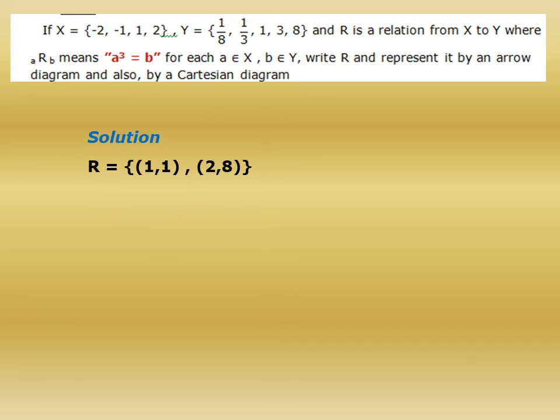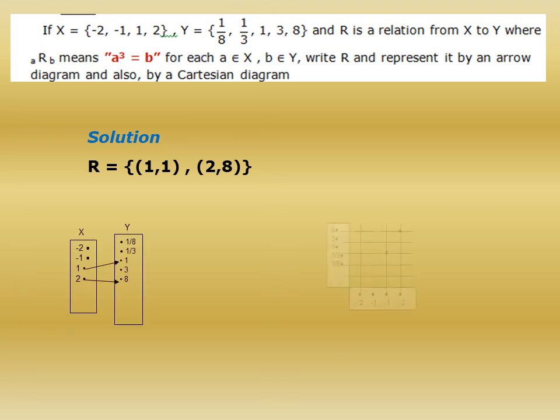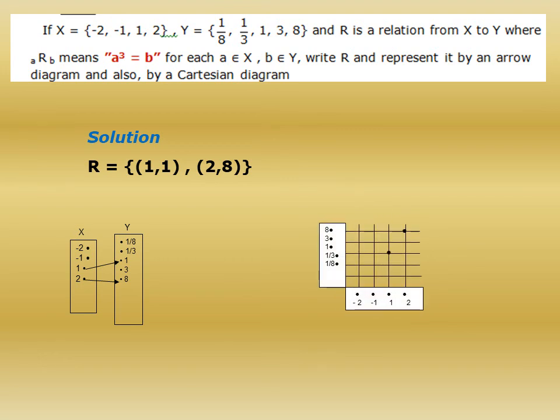Solution: R equals {(1, 1), (2, 8)}, because 1 to the power 3 equals 1 and 2 to the power 3 equals 8. We can represent it by an arrow diagram and also by a Cartesian diagram.